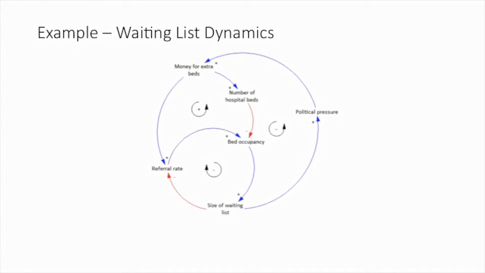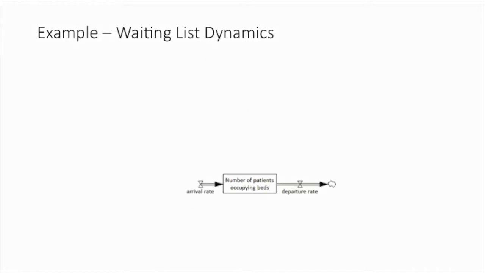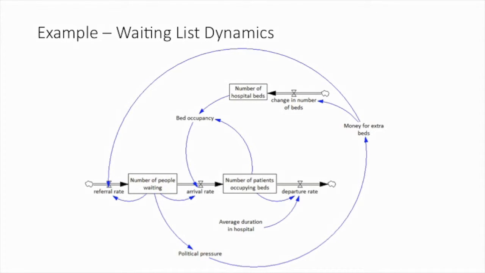So this is the overall idea of system dynamics, of trying to get a broader view of a system, but trying to capture some of the overall dynamics of the system and see how the system might actually be interacting. What that actually means is we can then build it up into an actual simulation model. So although this looks like a nice hypothesis about how the system's working, we can start to look at putting some numbers behind that. We can build that up into a simulation model, which might have this particular form.